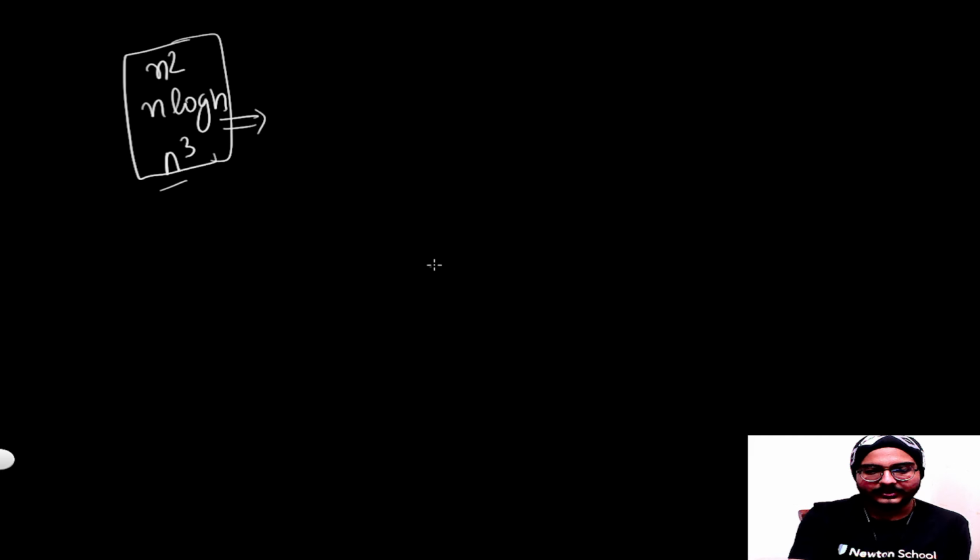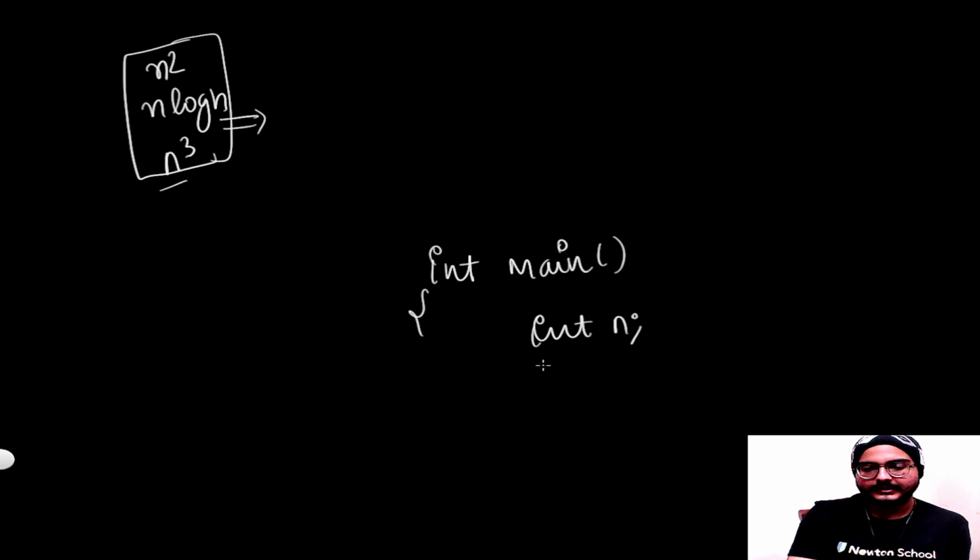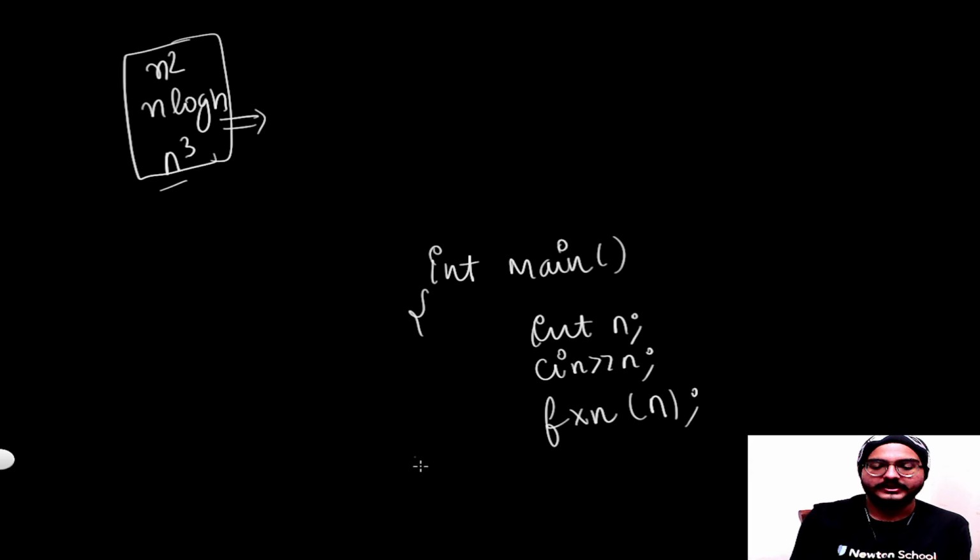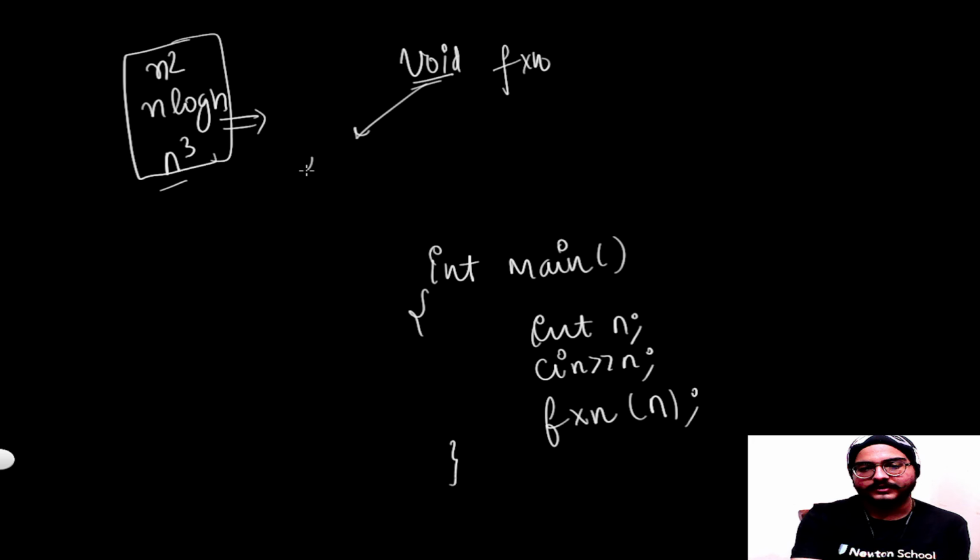Let's say that I have written a code: int main, and first of all input int n, cin n. Then I call the function named function for n. Here I have a void function. This void is basically the return type of the function.